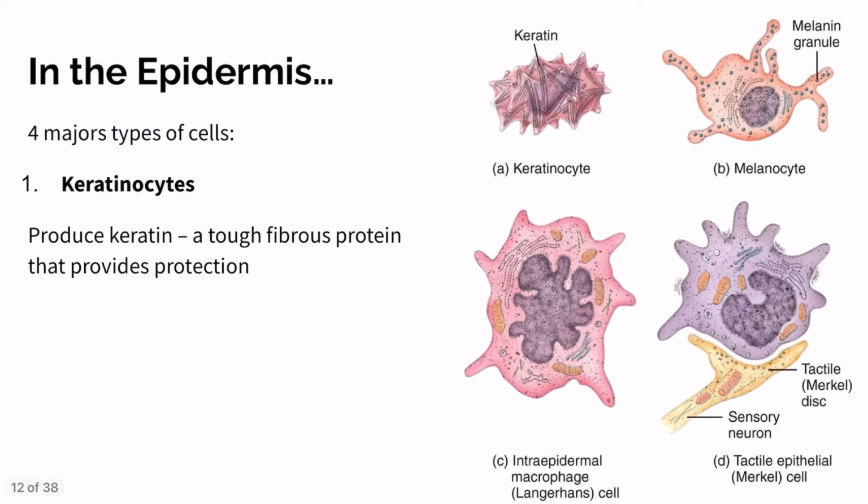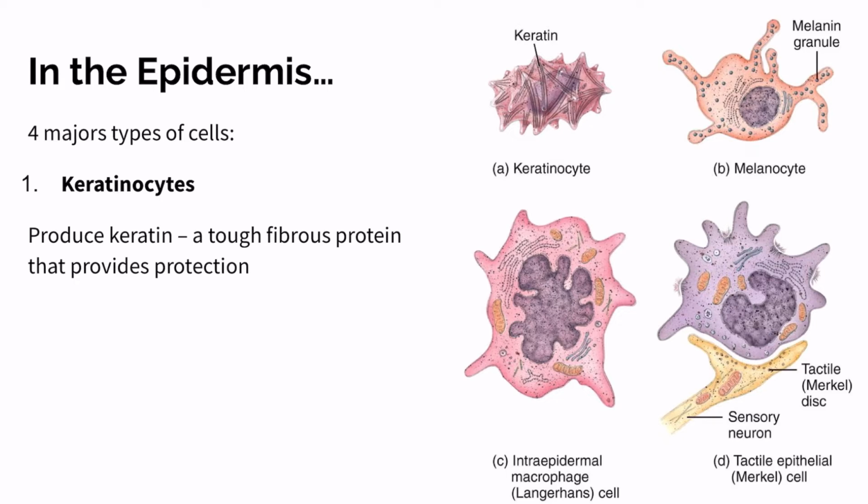We're basically going to go from most common to least common. And so the very most common type here are those stratified squamous epithelial cells, which we call keratinocytes because they produce keratin. Maybe you've heard of that word keratin before. It is a protein that provides durability and protection.